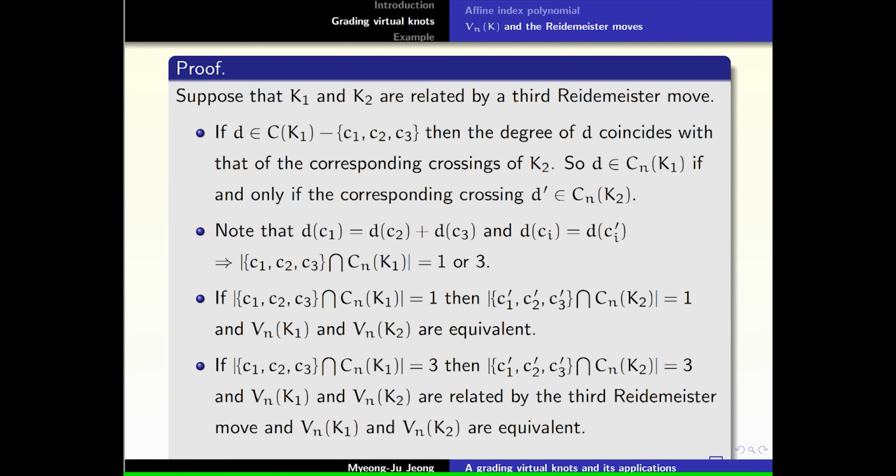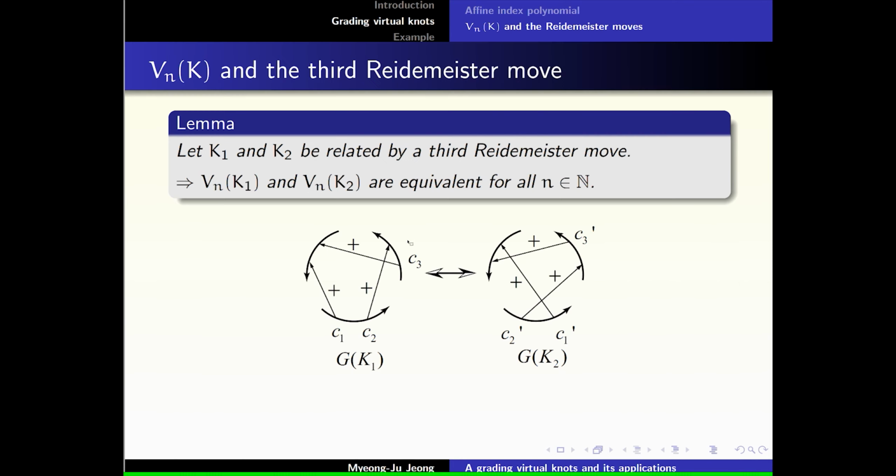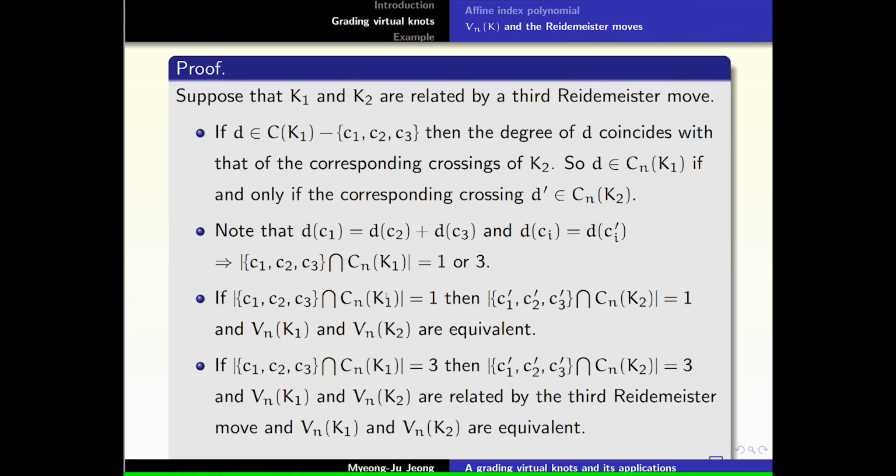And we should note that the degree of C1 can be calculated as a sum of the degrees of C2 and C3. You can see that in this figure, the degree of C1 is 0, the degree of C2 is -1, and the degree of C3 is +1. And if there are more chords between this part, then we can also show that the equation is valid.